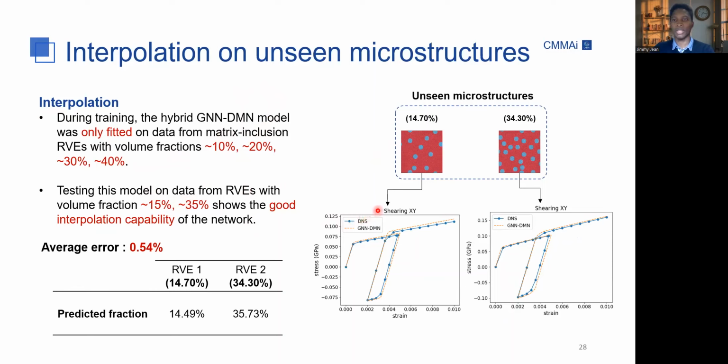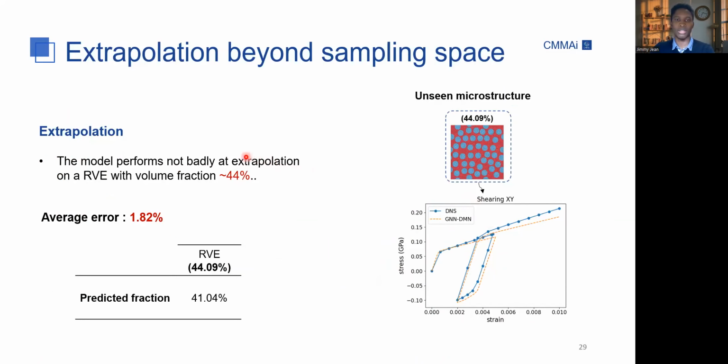Here we see that the predicted volume fractions are close to the target volume fractions that we have, and the online prediction as well is very close. Next, we see if our graph can extrapolate on RVs outside of its sampling space.